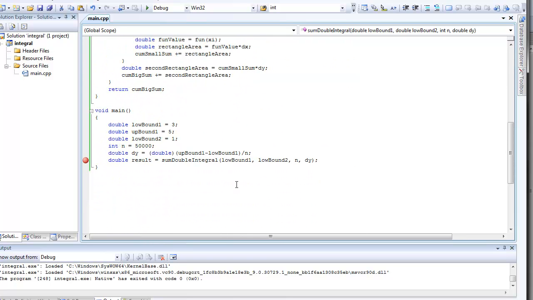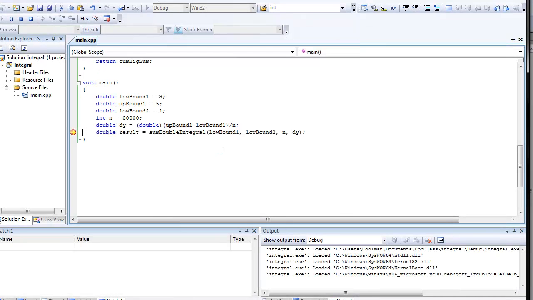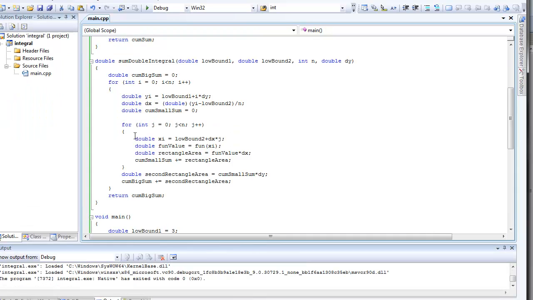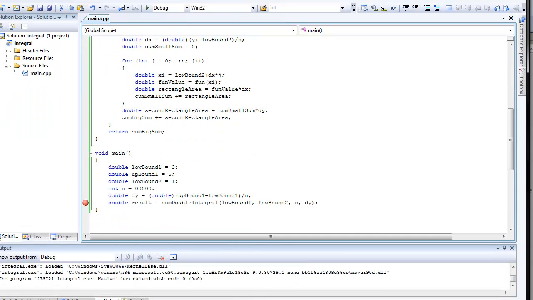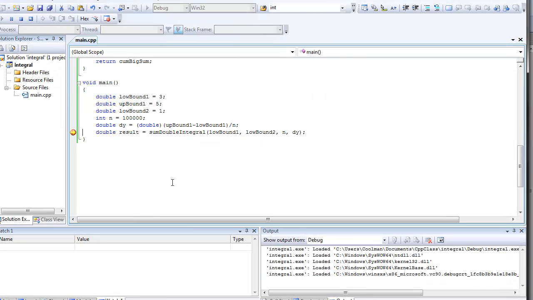But I hope you believe that this number is even more precise than the one we had before. What was it? Sorry. Oh, I by mistake put here something like this. This should be much faster.